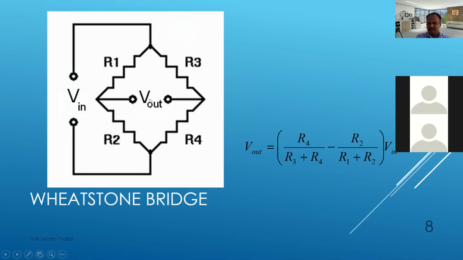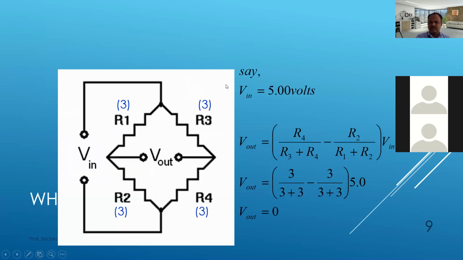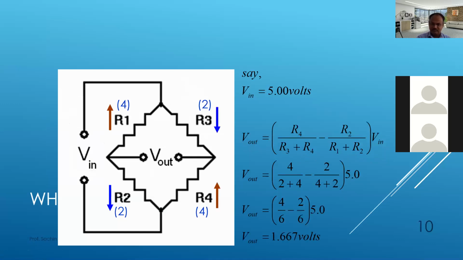So the output voltage will change, and you will get the actual force related to that particular change in resistance. This is an example in which we can calculate the forces acting on that particular Wheatstone bridge.